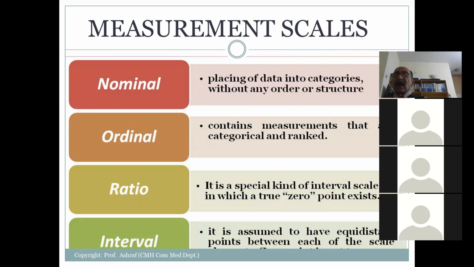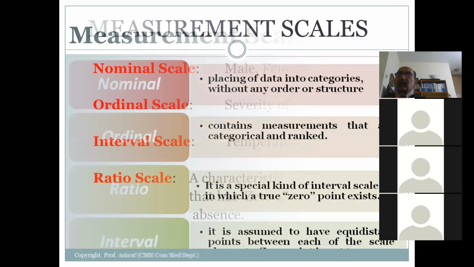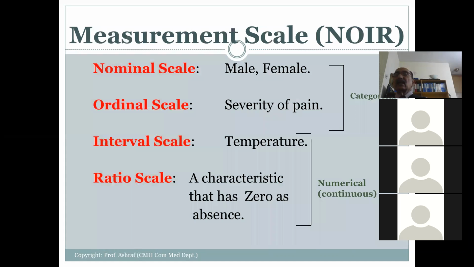For example, height or blood pressure: zero blood pressure means absence of blood pressure. So both the nominal scales, like male, female, and ordinal like severity of pain, are types of categorical data. Interval and ratio scales both can be categorized as numerical data or continuous data.